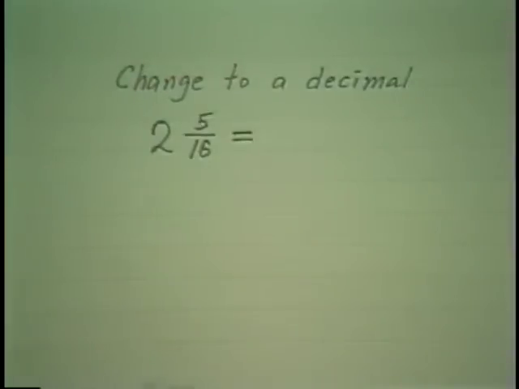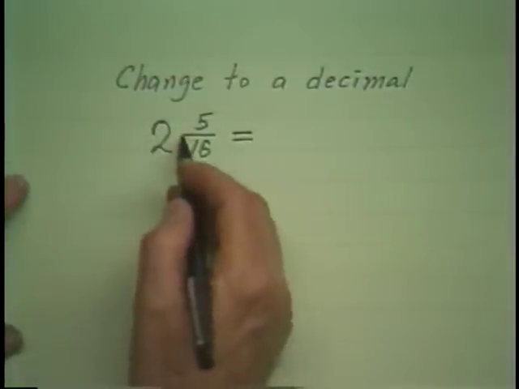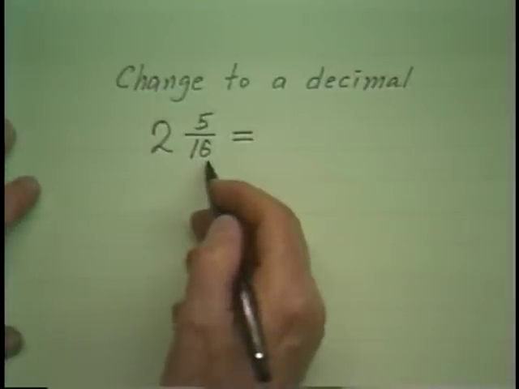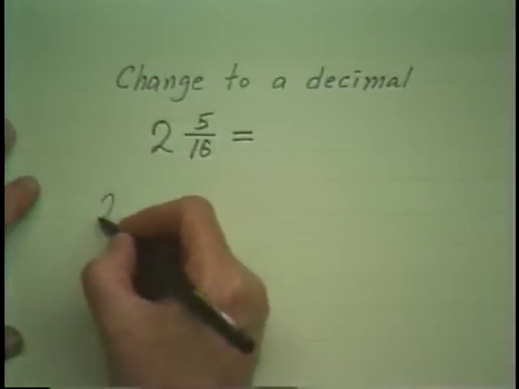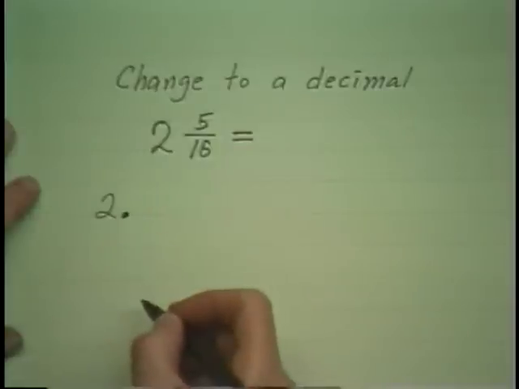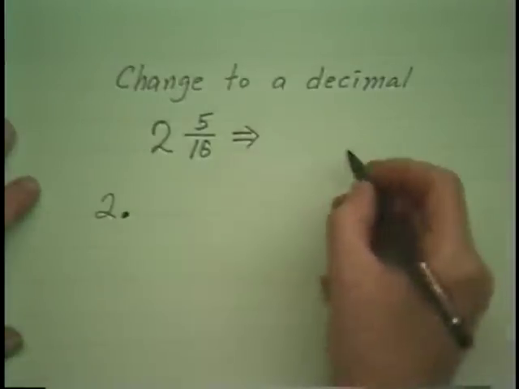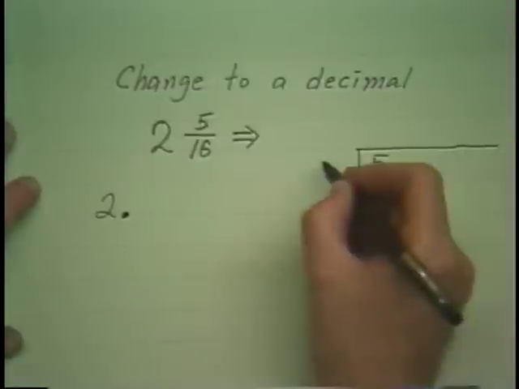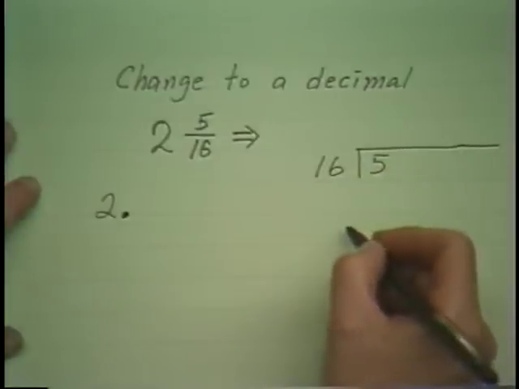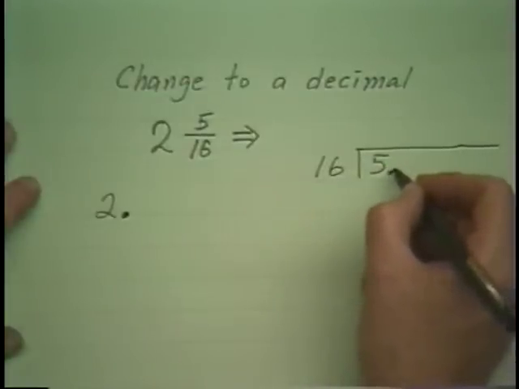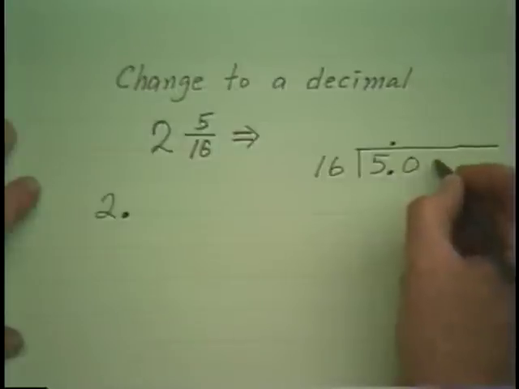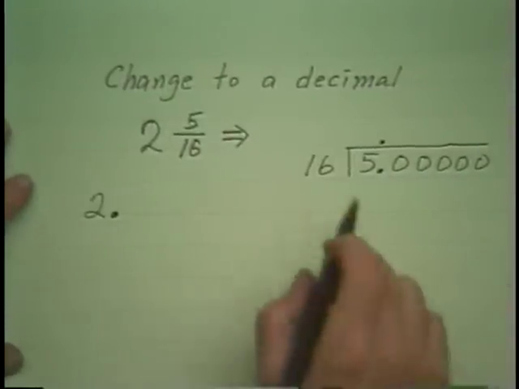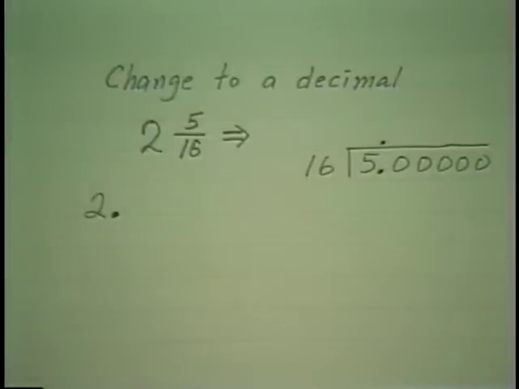Again, a fraction is really a division in disguise. Another one, 2 and 5/16. That's one way of saying it. Another way of saying it would be 2 and 5 divided by 16. Decimal points on the end, shoot it straight up, add as many zeros as you think will be necessary, and begin to divide.